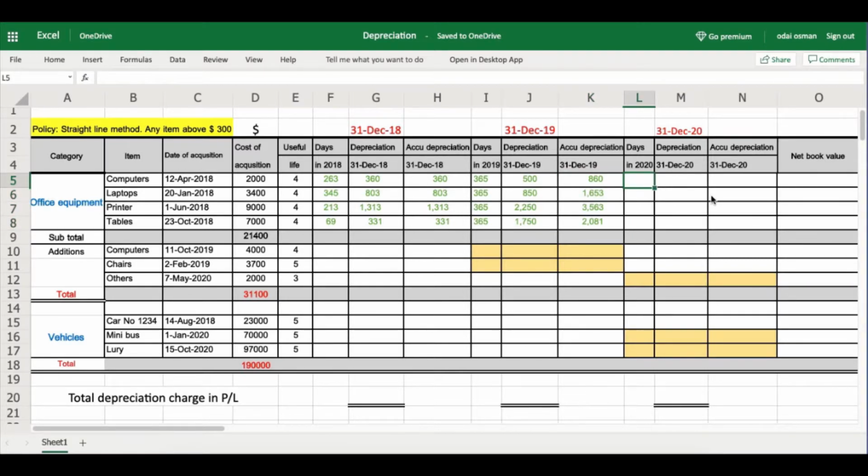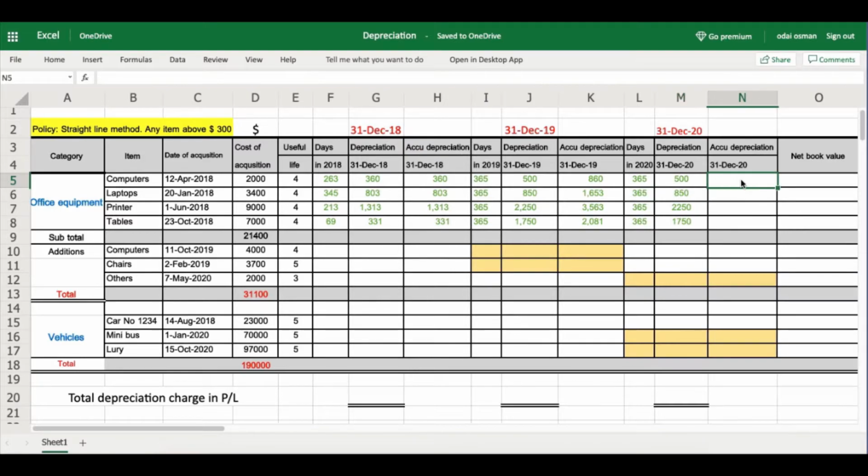In 2020, which is the third year, we are going to apply the same formula, 365 days, because we are still in the third year. So the depreciation would be the same amount, equal to the cost of acquisition divided by 4, which gives us this amount.